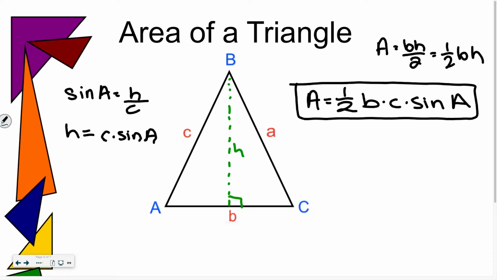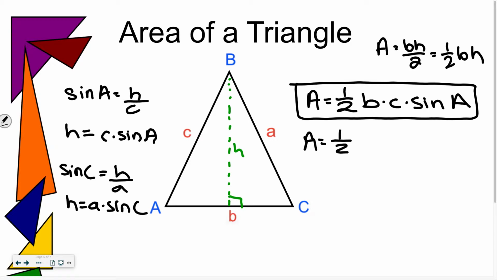Now, I used the right triangle on the left, but we could have used the right triangle on the right. We could have said the sine of angle C was equal to h over a, and then we would have said h is equal to a times sine C. So if I were to sub in a times sine C for that h, I will get another formula.